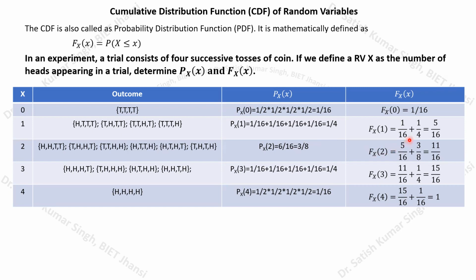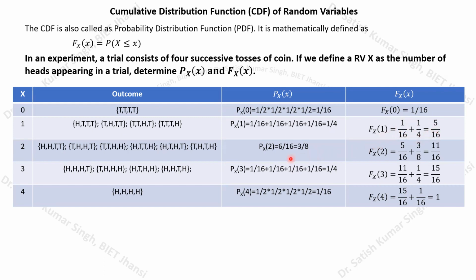Because it is a cumulative probability distribution, this F(1) denotes P(X=0) plus P(X=1). So we have 1 by 16 plus 1 by 4, and if you add these two probabilities, the cumulative probability becomes 5 by 16.